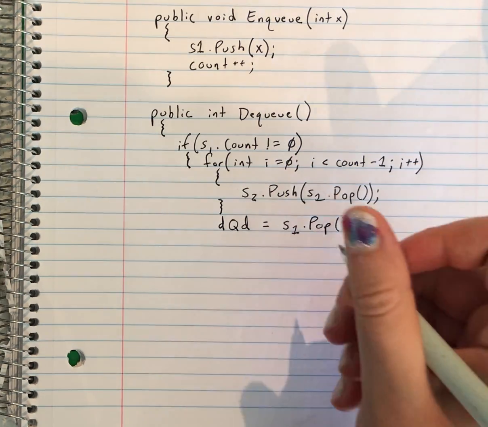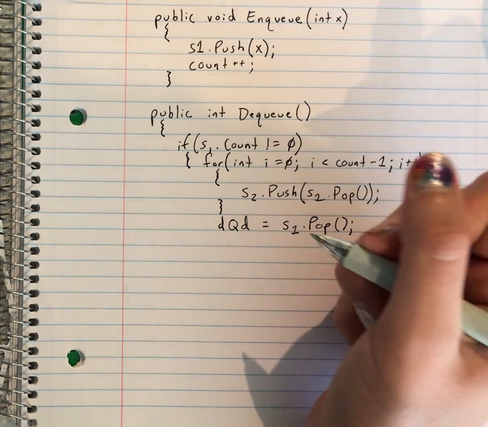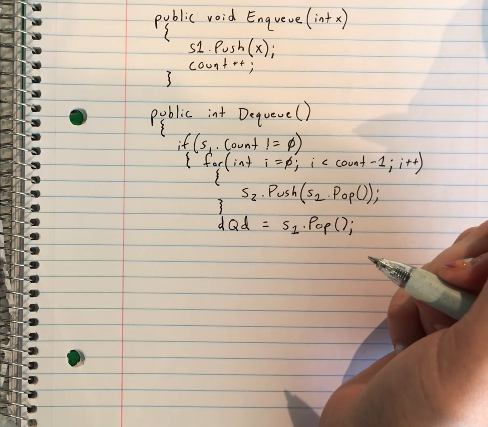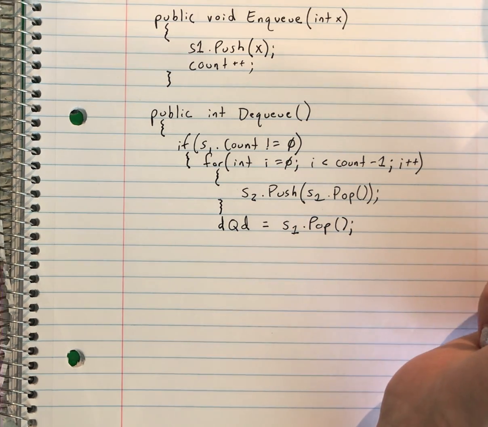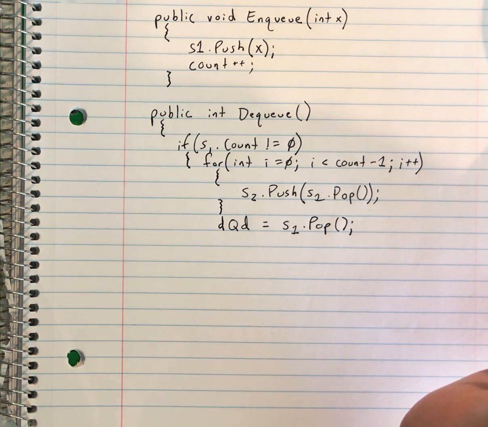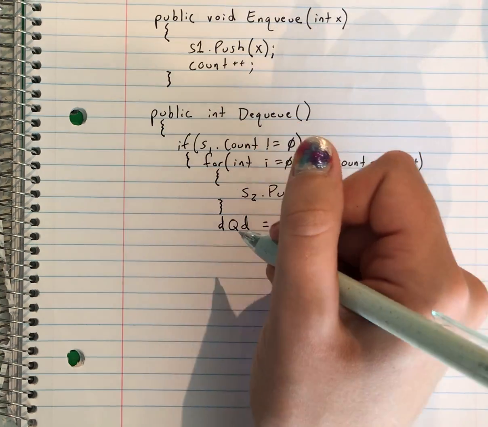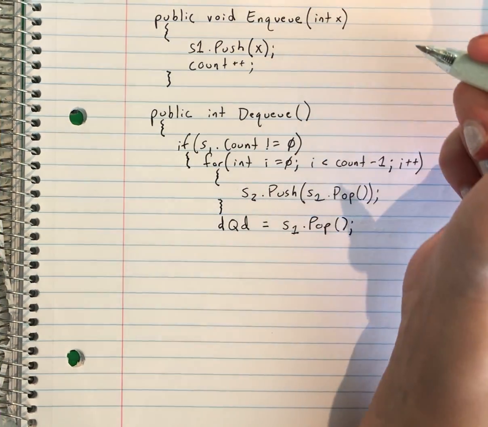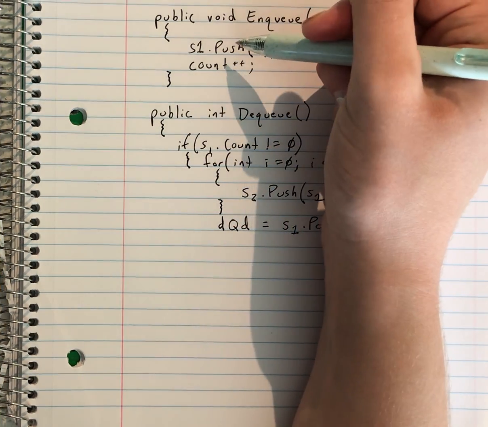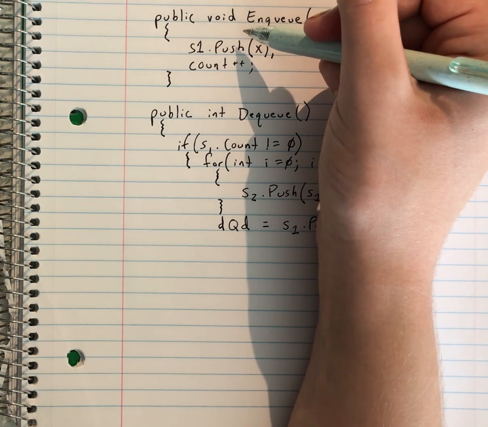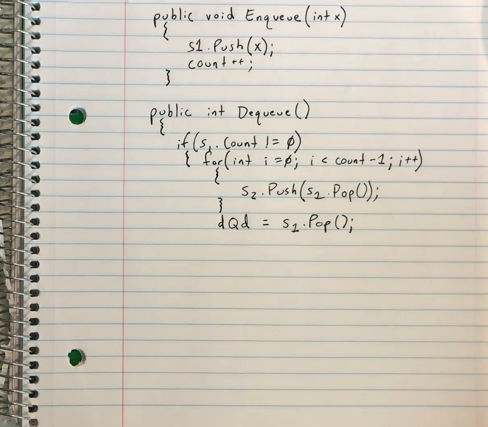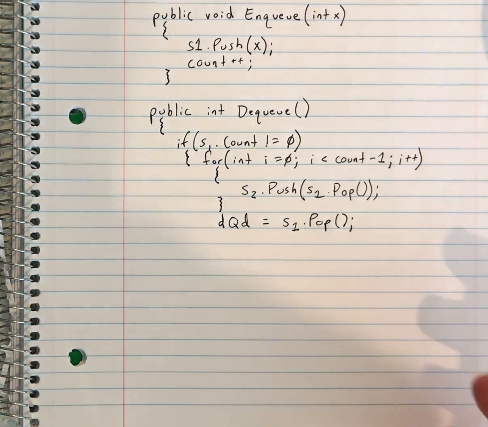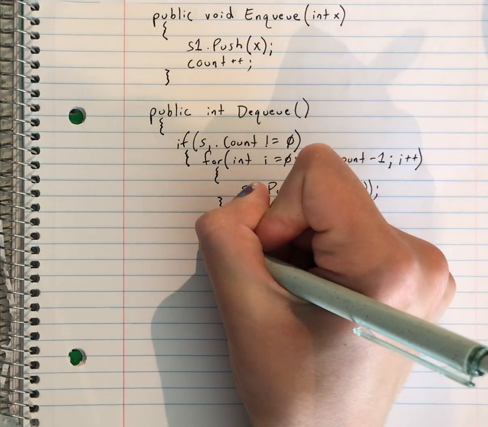And we need to use another for loop to put everything back into stack 1, so that we maintain the order and so that we don't need extra functionality in our enqueue method.